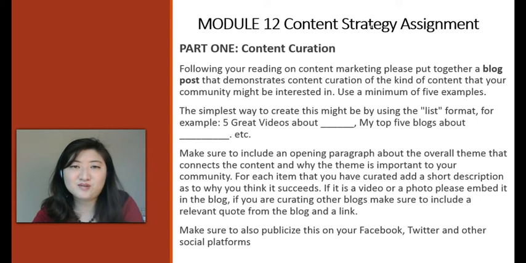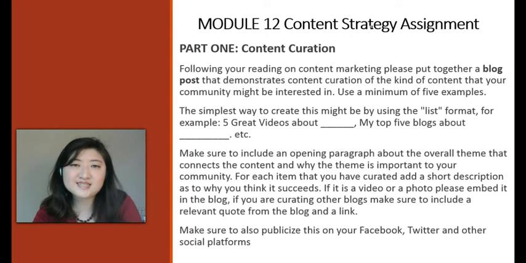So let's get into the assignment now. The first part of the assignment is content curation. In terms of your reading that we went over in your reading assignment module, and then also what we went over in the slide, I would like you to create a blog post that demonstrates some kind of curation or theme that is relevant to your community.